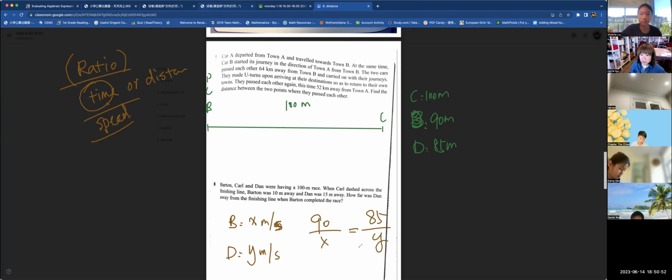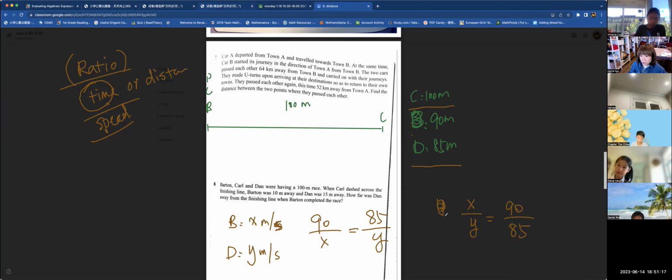Because the time they spend is the same. When Carl has arrived, Barton is exactly 10 meters from the finishing line, and Dan is 15 meters away, right? So you have X to Y equals 90 to 85. Do you understand what I mean?